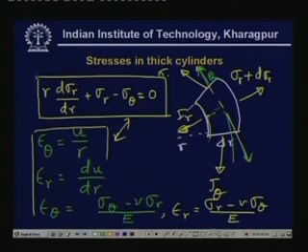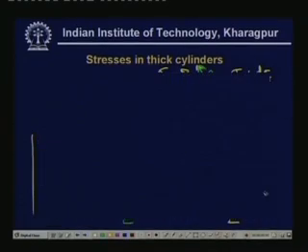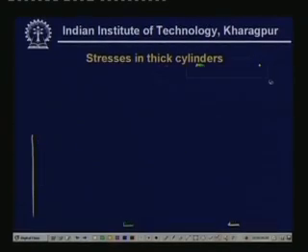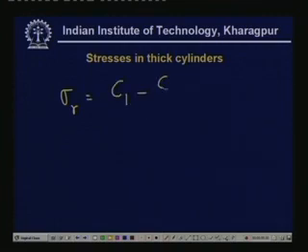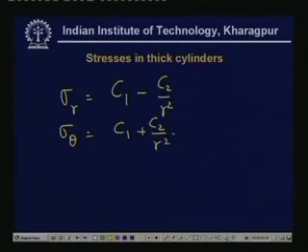When we do all these calculations, then we arrive at the following expression, that is sigma r is equal to C1 minus C2 by r square, and sigma theta is equal to C1 plus C2 by r square, where C1 and C2 are the constants which are to be determined knowing the boundary conditions.